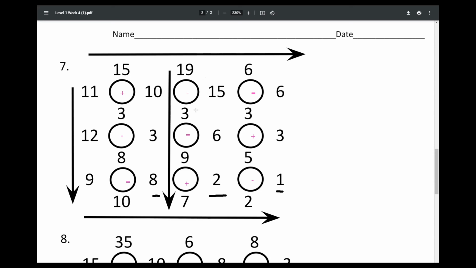No. Okay, so if I have 19, take away 3, how many do I have? 16. And so 19 minus 3 is 16, and you said that 9 plus 7 is 16, so 16 equals 16. Great job.